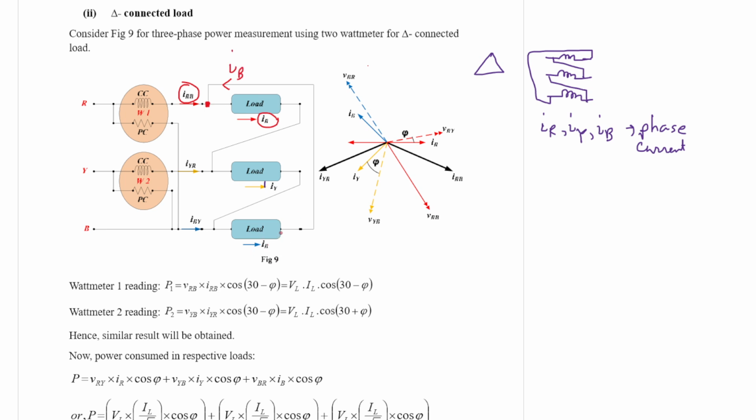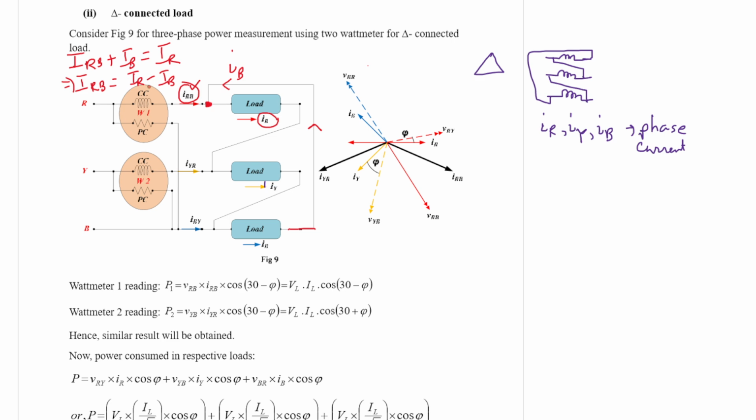So basically this current IB is flowing to this side. With respect to this node, 2 currents are entering: first current is IRB, plus IB, which is equal to IR. Therefore this current IRB is equal to IR minus IB.